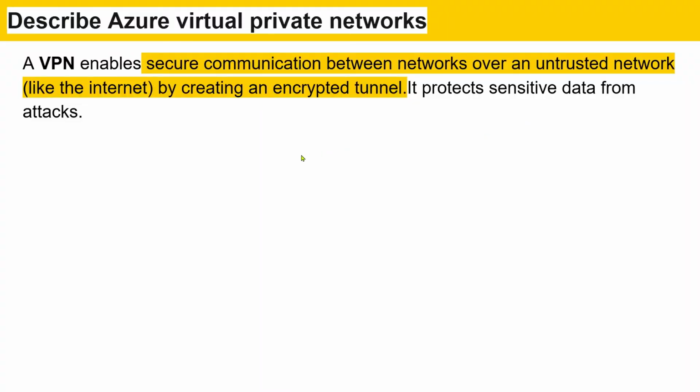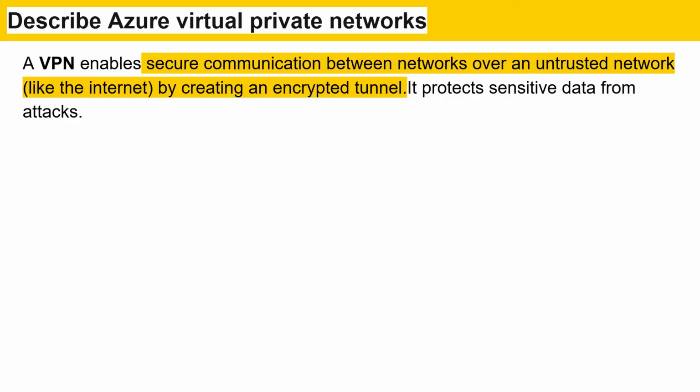What is a virtual private network? In short, it is known as VPN. VPN enables secure communication between networks over an untrusted network such as the internet by creating an encrypted tunnel. Most of us might have already used VPN. If you are a working professional, you might be aware of that.